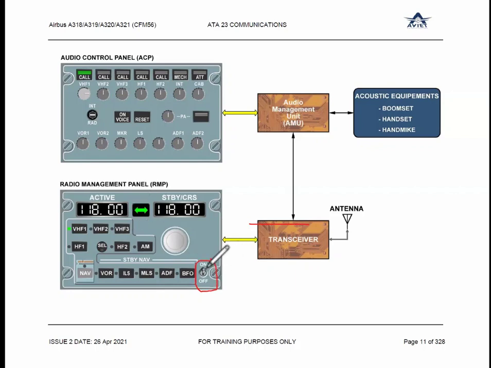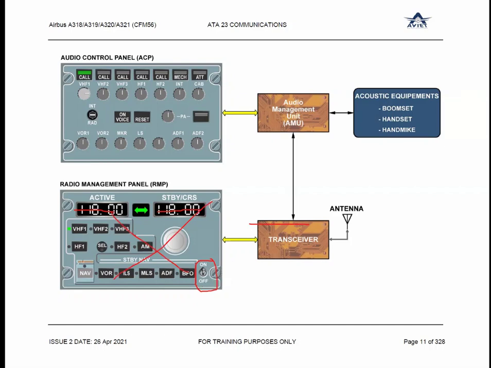If this RMP fail switch is on, your display will be blank. As a captain, you can try once to just put it on and off. Still if it is down, then you cannot use this RMP. RMP is gone. Clear?